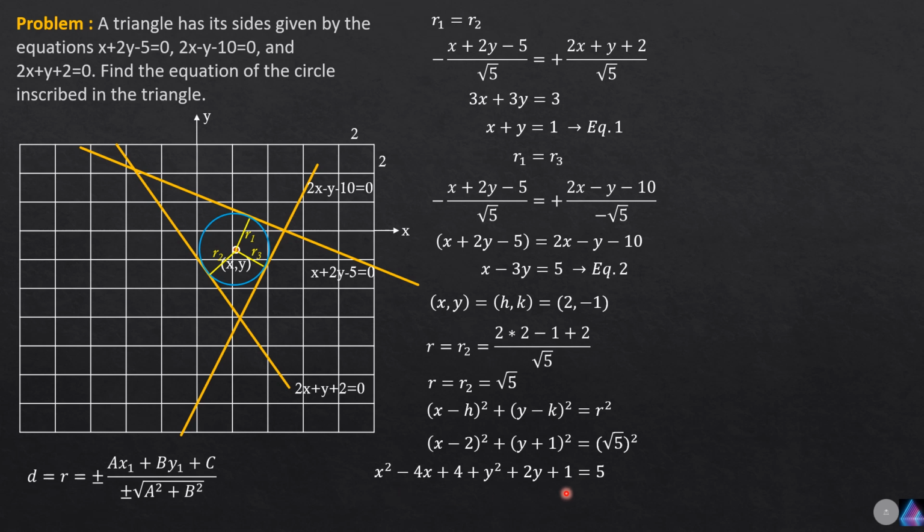Then simplifying further, the equation of the circle inscribed in these three lines, or in this triangle, is x squared plus y squared minus 4x plus 2y equals 0. So that's it for this problem.